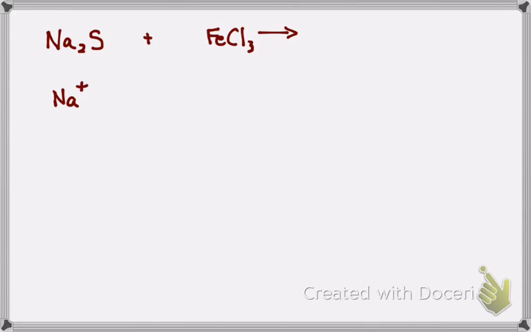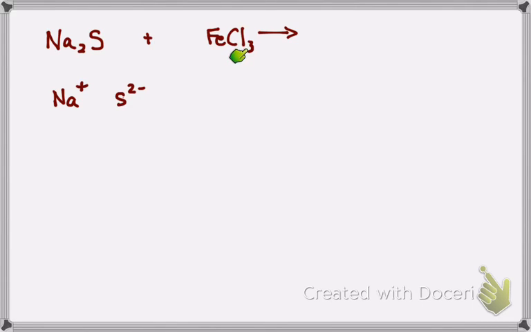S is sulfur. Sulfur is what ion? S2 minus. And then iron, well, you don't know, because iron's one of the ones in the middle. So you're going to have to figure that out. You look at chlorine, and chlorine's minus 1.